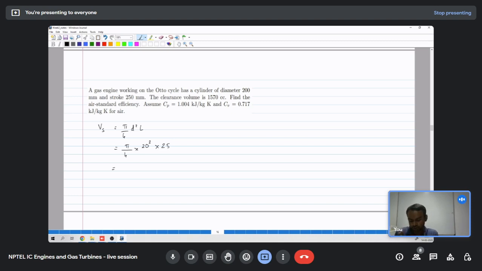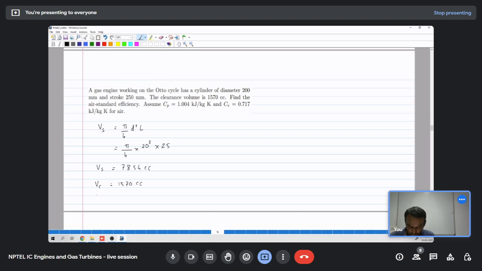So we have 7854 cc. Clearance volume is given as 1570.